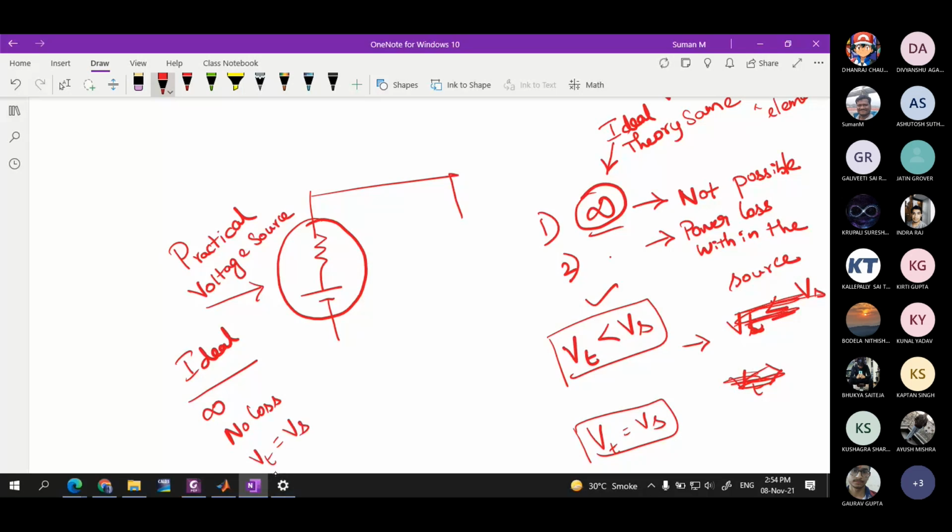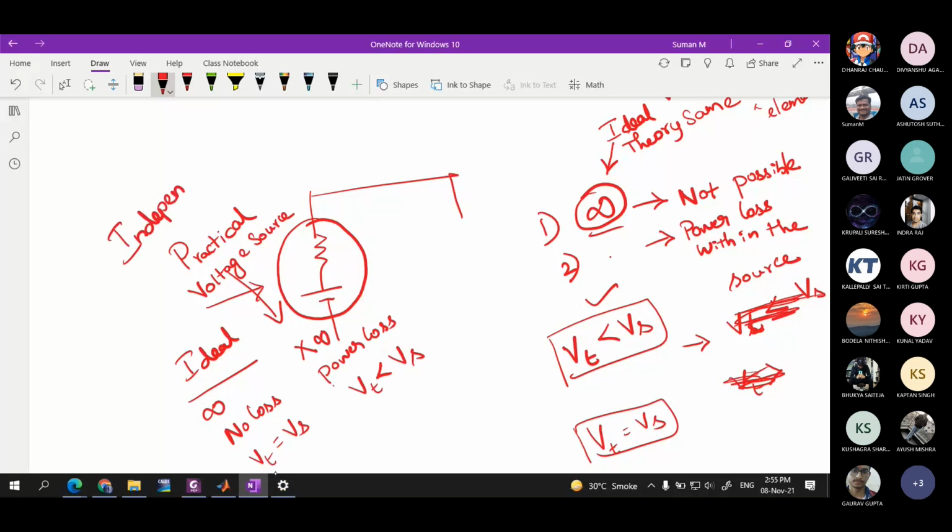For the practical condition, we considered that the current cannot be infinite, power loss is there, and the terminal voltage is less than the source voltage. Both are independent only.